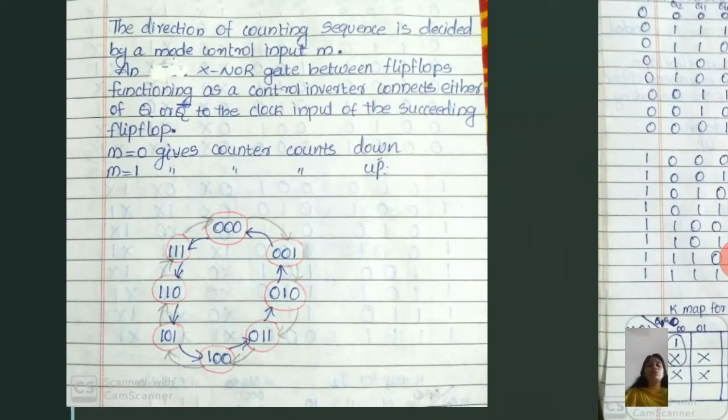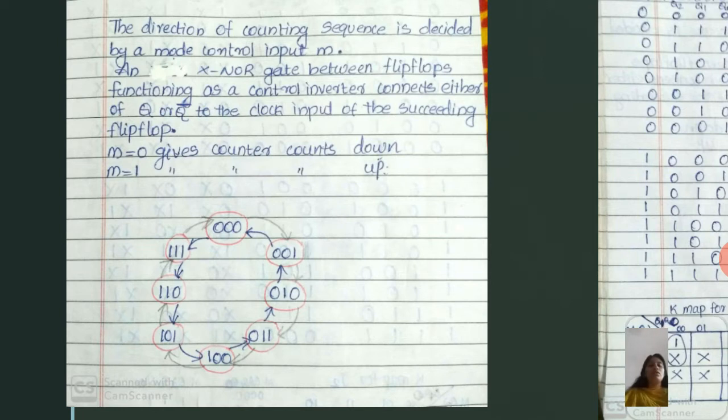The state diagram shows that there are 8 output states present here: 000, 001, 010, and so on till 111. If you are doing up counting, you move from 000 to 001, then to 010, then 011.